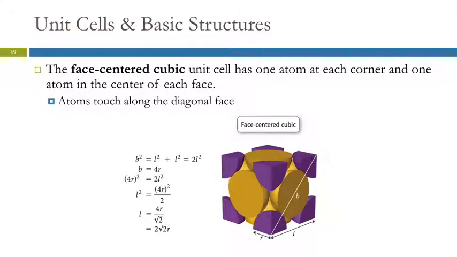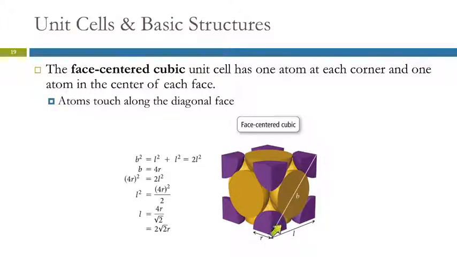So we did simple and body-centered, and the third cubic cell is the face-centered cubic unit cell. So here we have an atom at each corner again, but now instead of one in the center, we have an atom centered on each face of the cube. So the faces, there's 6 faces, and so this is face-centered as opposed to body-centered.